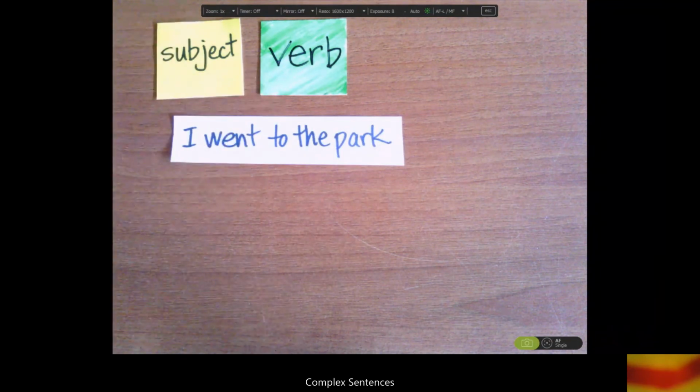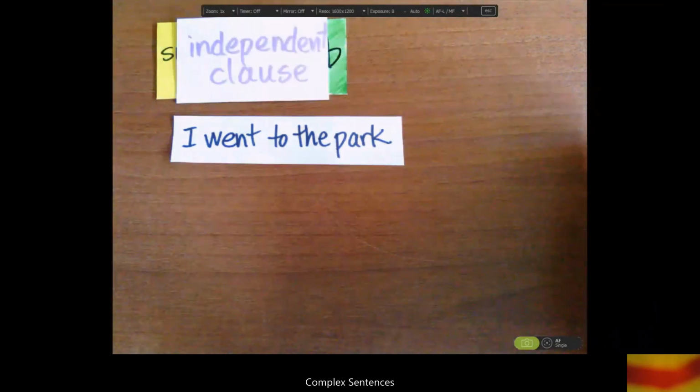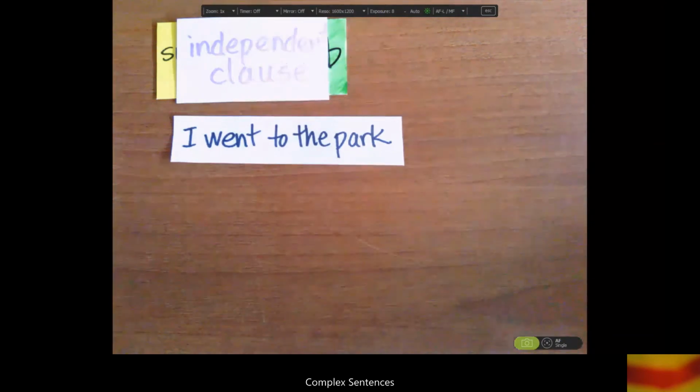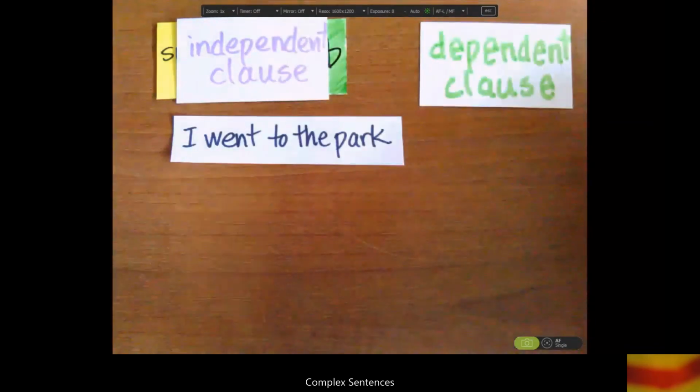What I'm going to do for the purpose of a complex sentence, rather than calling it a simple sentence, it is now going to be an independent clause. And an independent clause is exactly the same thing as a simple sentence, but because it is a complex sentence, it has also a dependent clause.